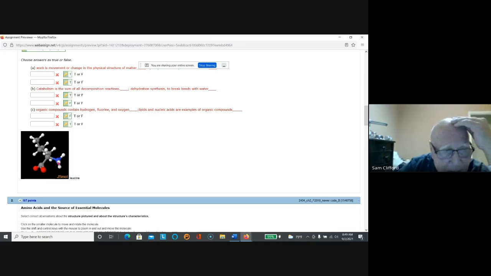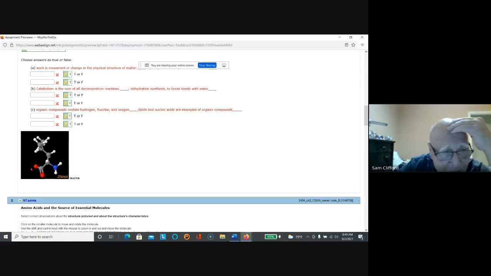So again, we have the characteristics of this amino acid because you have a central carbon, you have an amine group, you have a carboxyl group. Carboxyl group is C double bond OH.